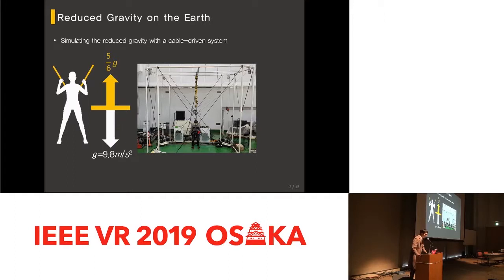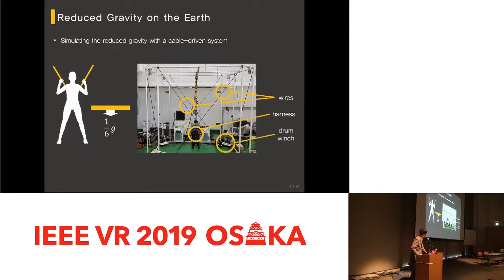If 5/6 of the user's weight is offloaded, the user will have a sensation of being on a lunar surface. The cable system uses 4 wires, and one end is connected to a harness which fastens the user's body, and the other end is connected to a drum winch through a pulley.